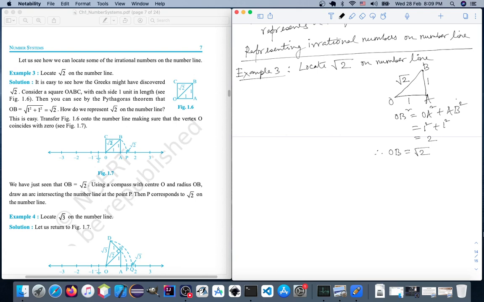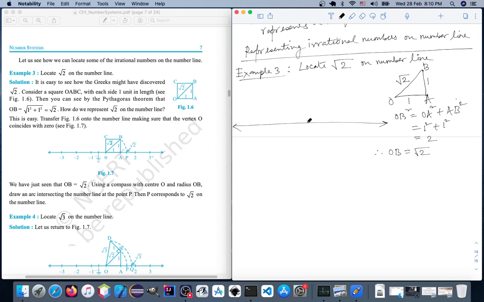As you can see in the diagram, figure 1.7, what it has done is first it has drawn the number line. So we draw the number line with the 2 arrow pointers, meaning that it extends to infinity on both the sides.